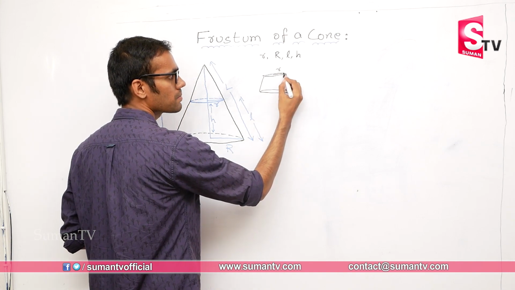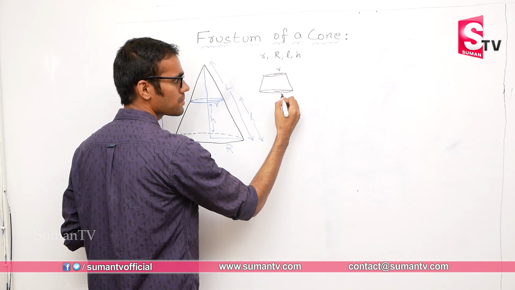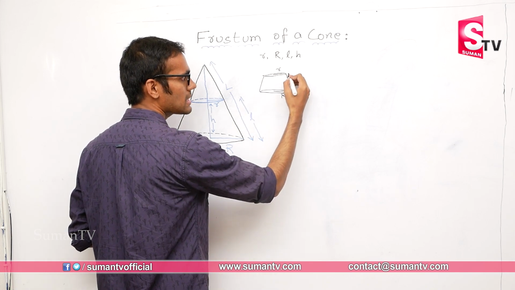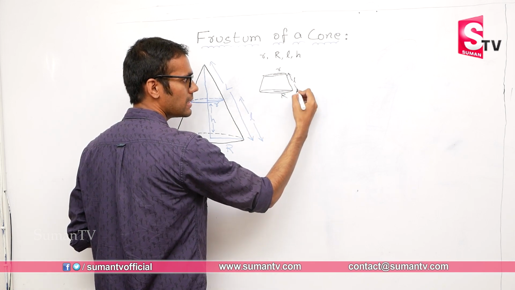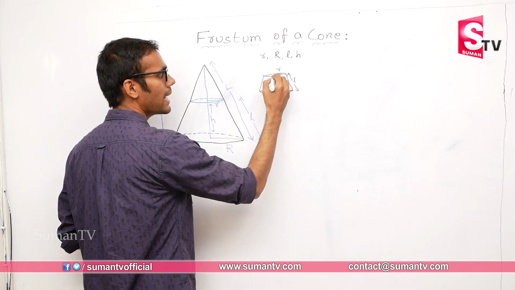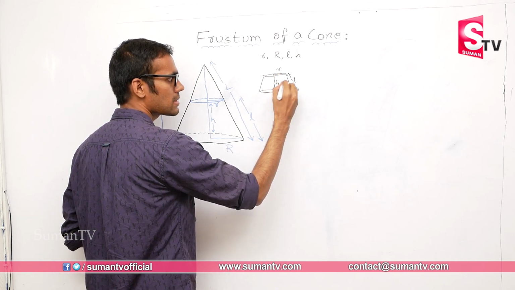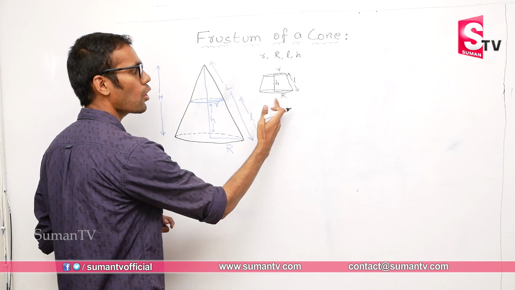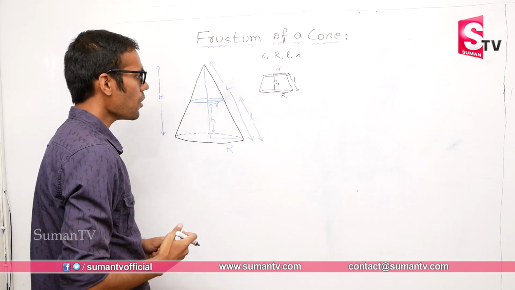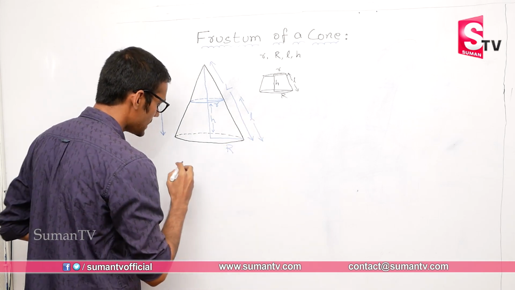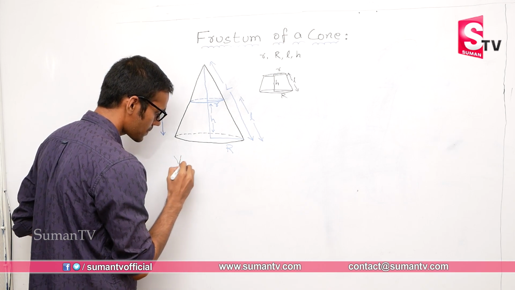Small r will be given, capital R will be given, small l, which is the slant height of the frustum, will be given, and the height of the frustum will be given, which is small h. So, we want to derive the formula for this frustum. Now, how do we derive the volume? So, let's try to derive the volume first.